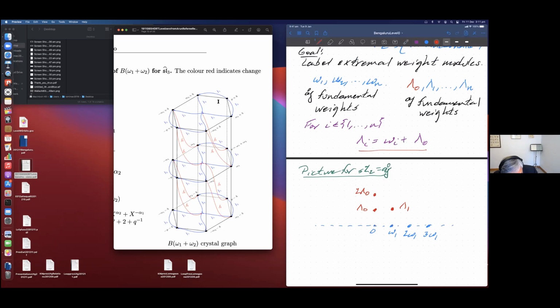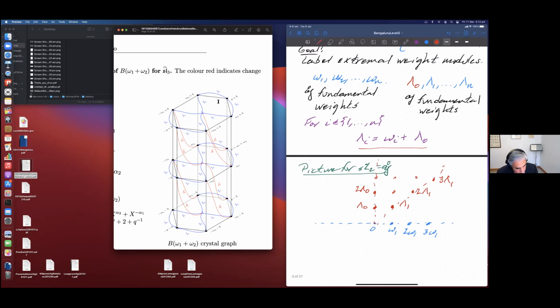And if you think about it, 2 lambda 1 is here, and 3 lambda 1 is here. And so I get this cone, which is positive linear combinations of the lambdas.